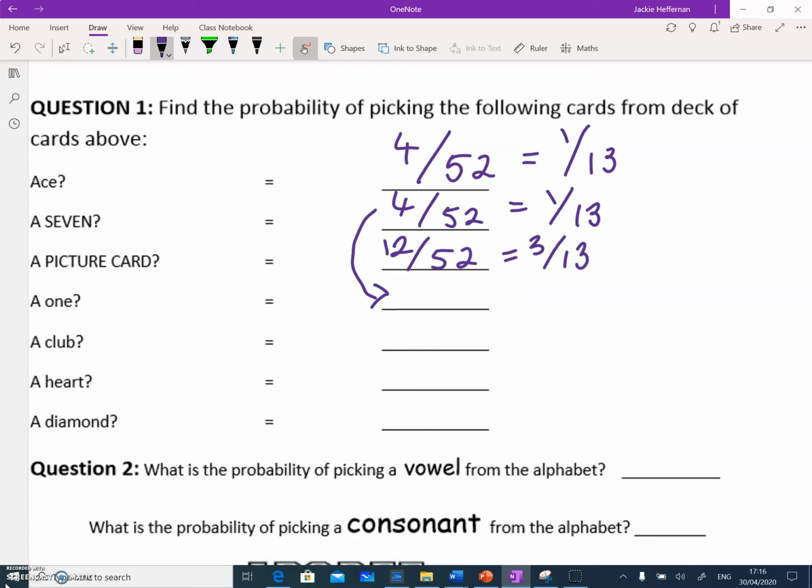You have ace to 10, and you have jack, queen, and king. Okay, that's the same here, and that's the same here. You have the same amount of hearts, and you have the same amount of diamonds. Pause it if you need to check your answers.